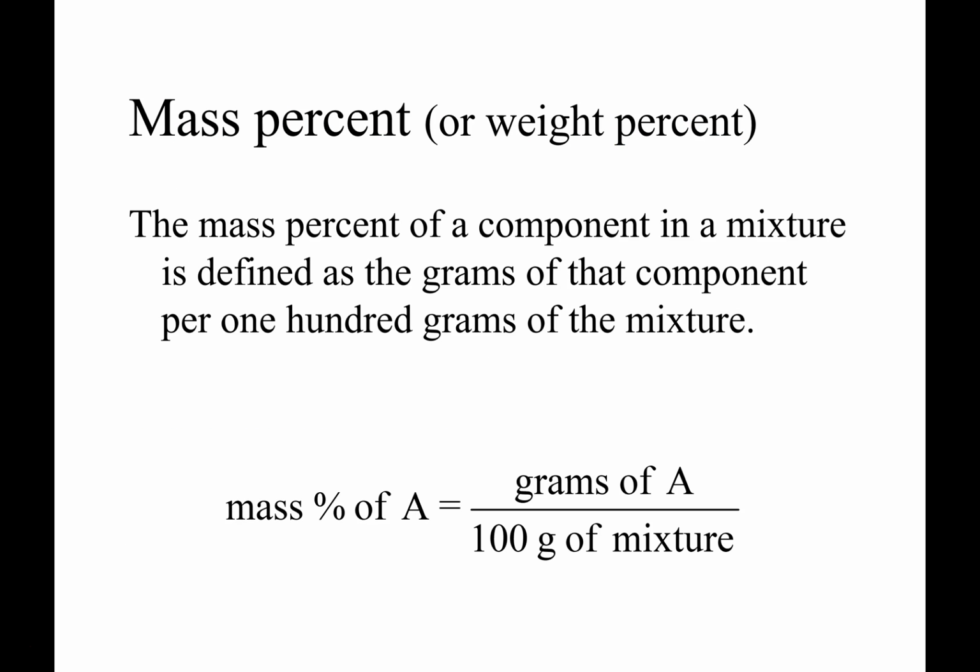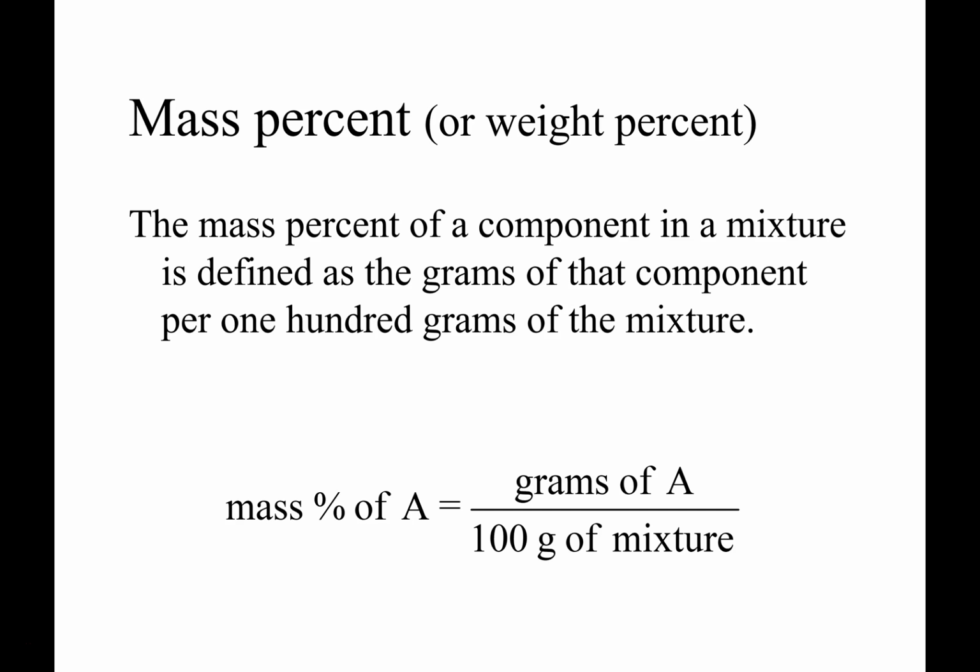Another thing I want to throw at you is this idea of weight percent or mass percent. And I like Lindsay's question, can we use mass and weight interchangeably in chemistry? Right now you can, even though they aren't the same thing. So mass percent or weight percent of any component, by definition, means the grams of that component.